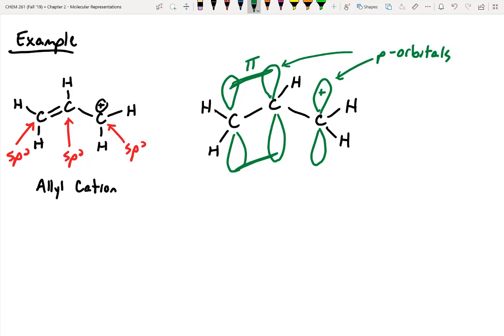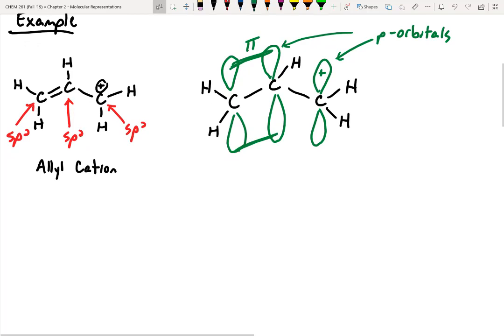Can you see how the p orbitals are all in alignment though, as I have them drawn? They're all pointed straight up and down. So in this case, the electron density in that pi bond on the far left can actually migrate over to the right-hand side as well. So let's imagine this, and I'm going to redraw it down here.